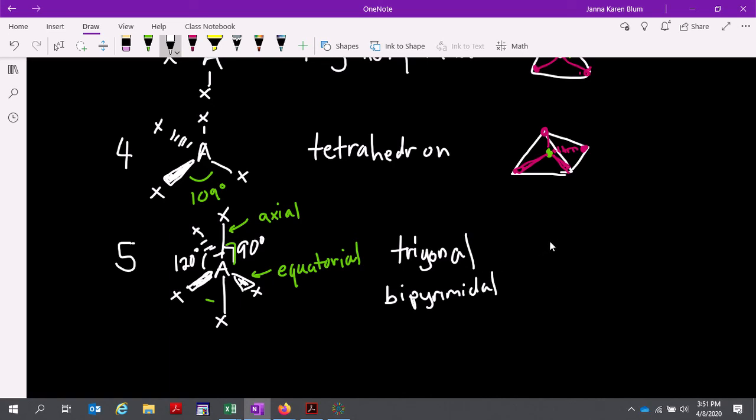So again, I'm going to try to sketch this out here. So we have a pyramid with a triangular base. Yeah, sorry. Let me try again. I'm not the best drawer here.